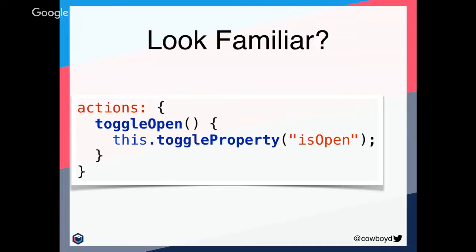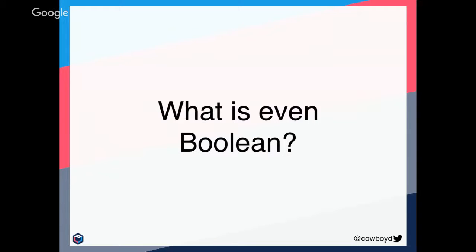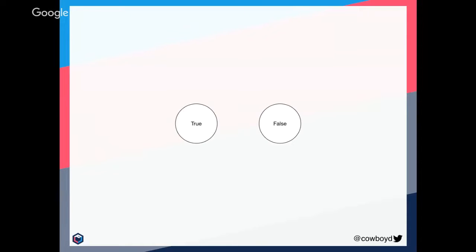It's this common pattern which we encounter all the time. And we know what a Boolean value is, right? It's this thing that can be in one of two states. It can either be true or it can be false. That's it. That's a Boolean value.